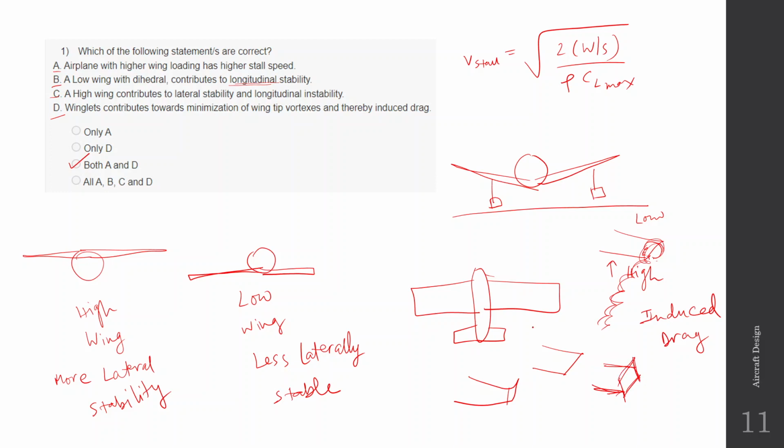So these constructions at the tip of the wing prevent the high pressure air from flowing back up to the top. They prevent the flow of air from below the wing to above the wing, and thereby they reduce the induced drag. So the D option is correct. Therefore, the answer is both A and D.